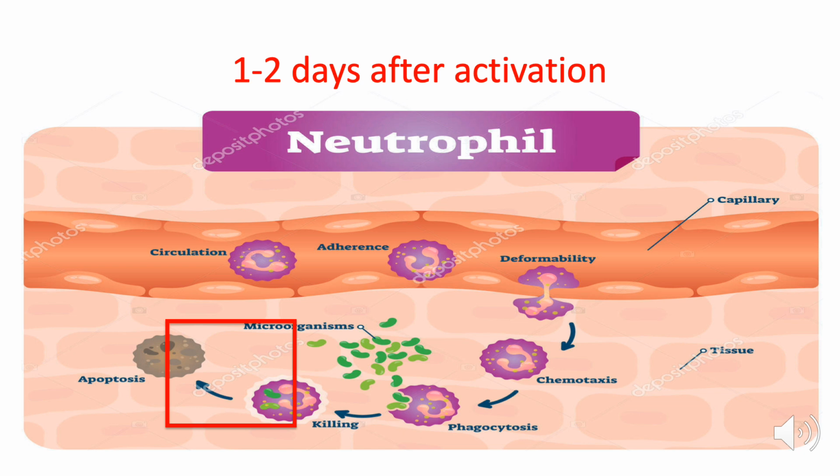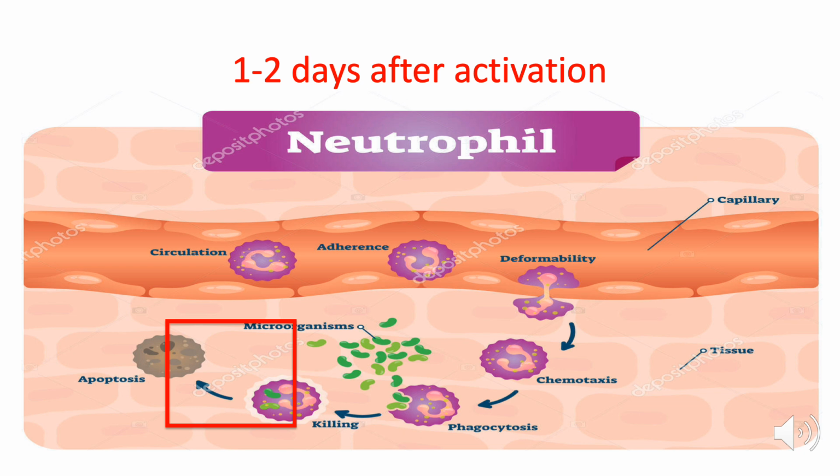So they will eventually die and become the pus. Take note, pus is an accumulation of dead white blood cells. You can have dead monocytes, but the main component is dead neutrophils.